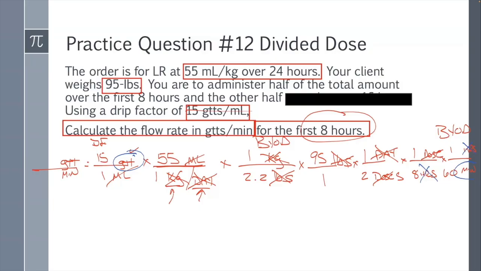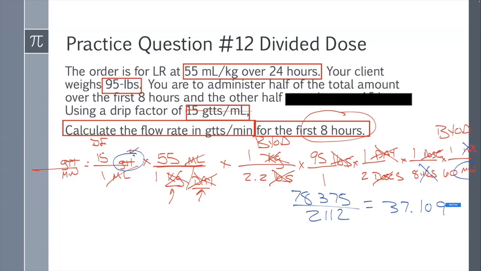Okay, let's do our math. We got 2.2 times 2 times 8 times 60. That's 2,112 for my denominator. 15 times 55 times 95 times 1 times 1 times 1 equals 78,375, divided by 2,112, equals 37.109.